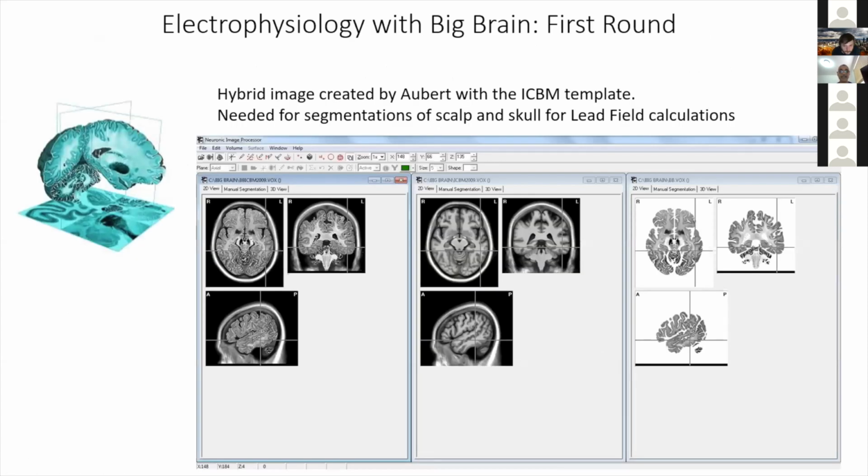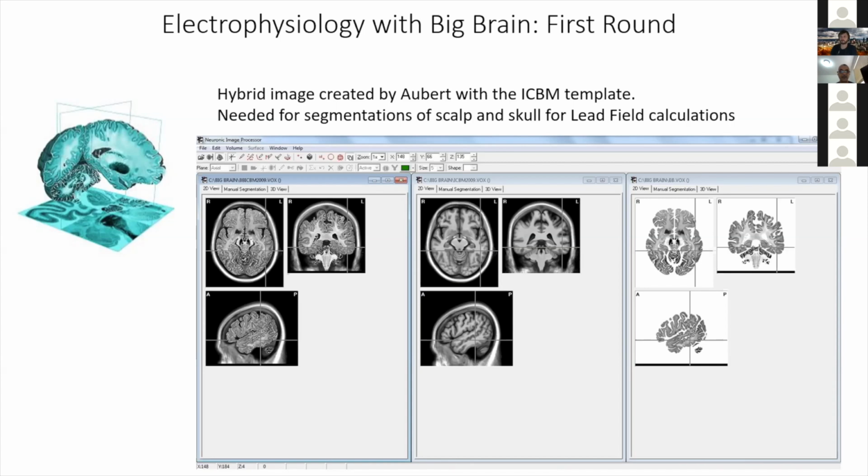It was created at the Cuban Neuroscience Center for Electrophysiology using the quantitative EEG analysis toolbox that is, by the way, already inserted in CBRAIN. In this case, what we did was to create the BigBrain as a new template. This is co-registered to the MNI, to the average centroid of the MNI.